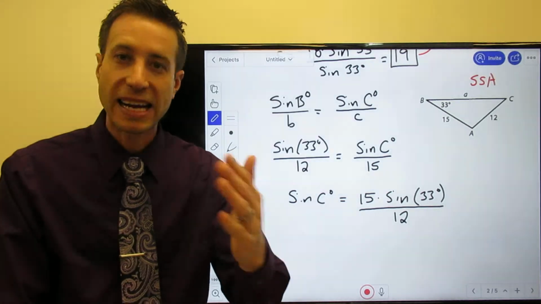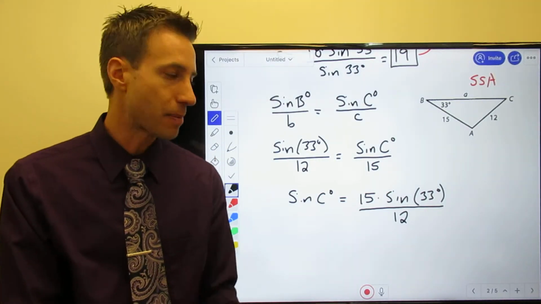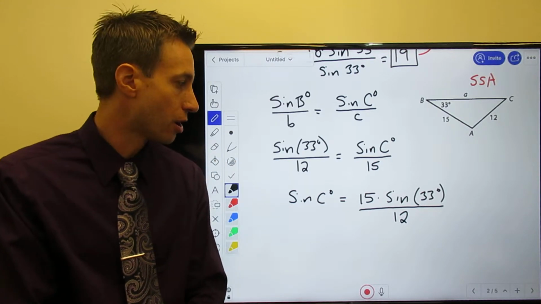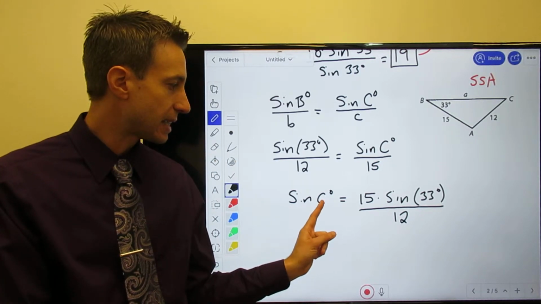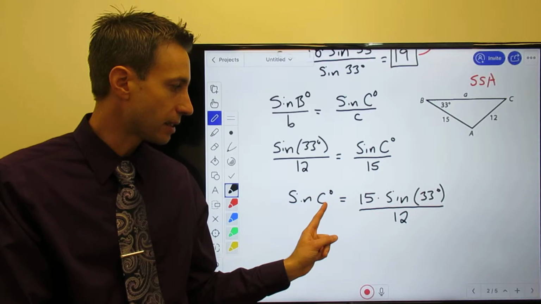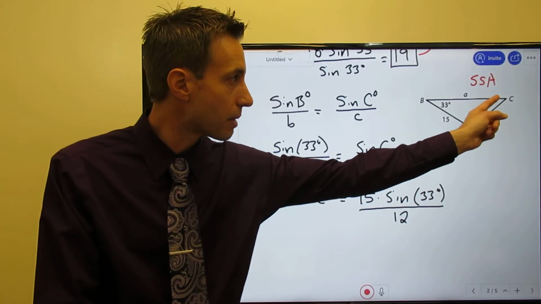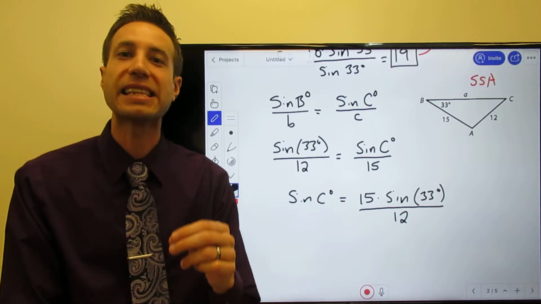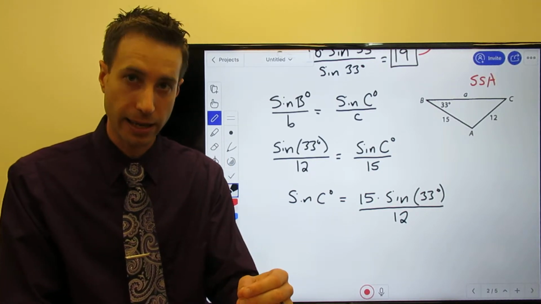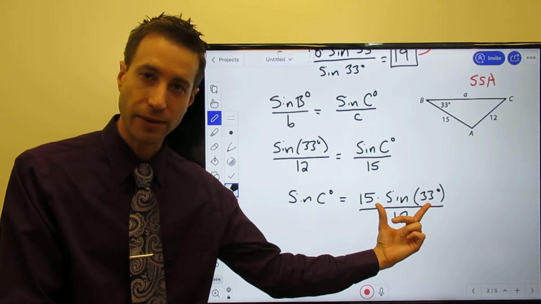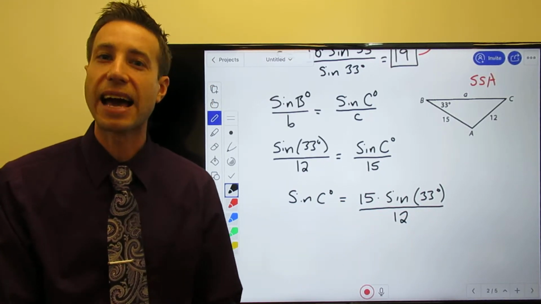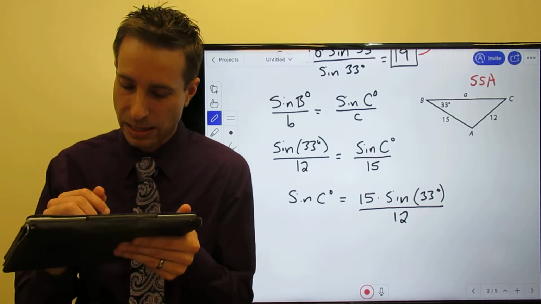Now, this goes back again to the previous chapter. Please keep in mind, I'm trying to solve for the angle. What is the measure of the angle? I need to get this C, the measure of angle C. What is the measure of this angle right here? In order to do that, I'm going to have to take the inverse sine of this ratio to find angle C. We did this back in the previous chapter.